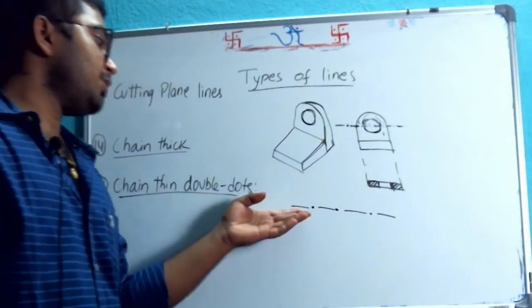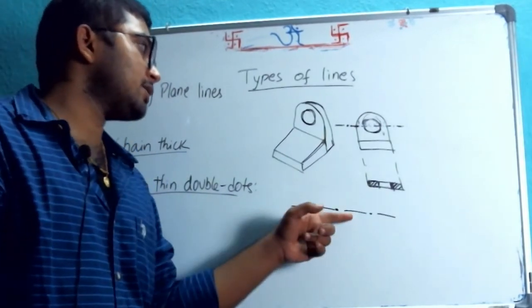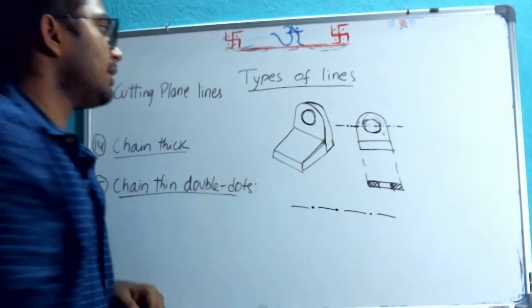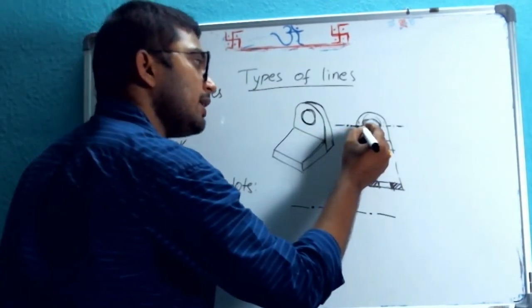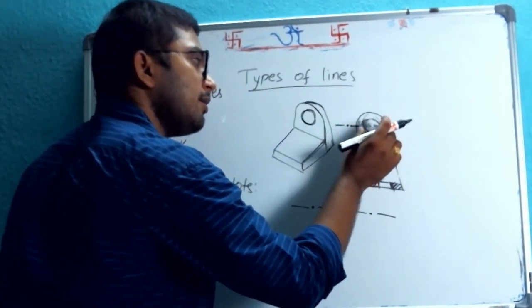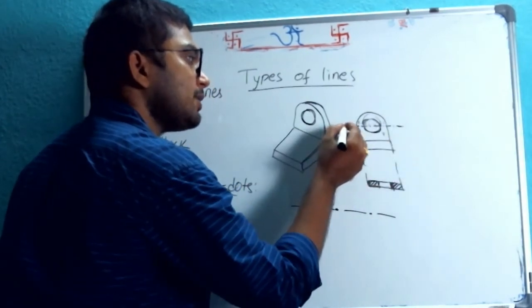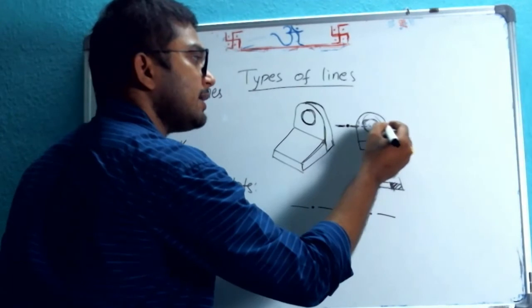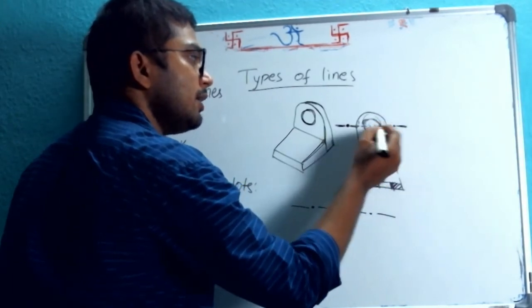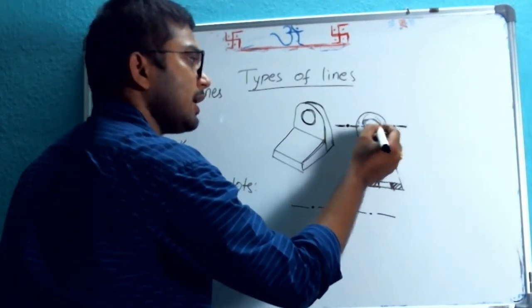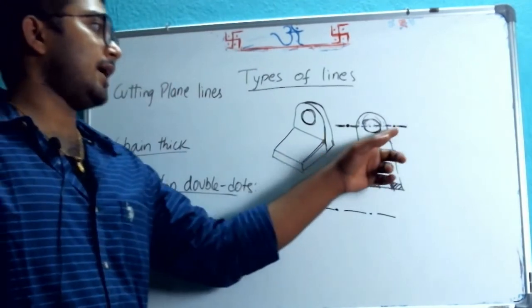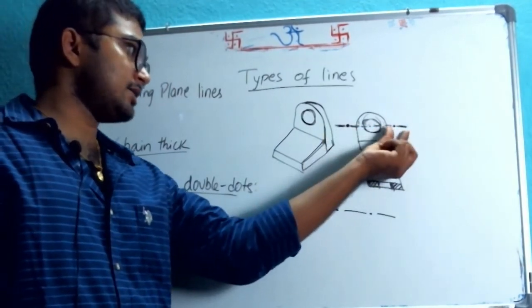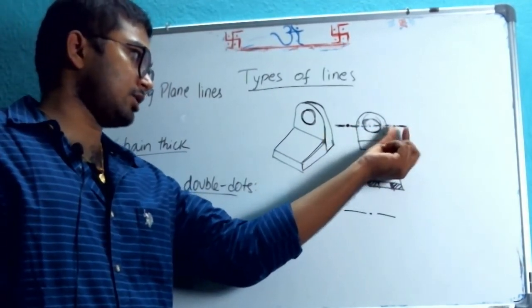Center line uses dots and thin lines, but this cutting plane line will be thin lines and a dot inside, but at the ends it will be thick. In between it will be thin lines and dots. Only at the ends it will be thick dashes and dots.